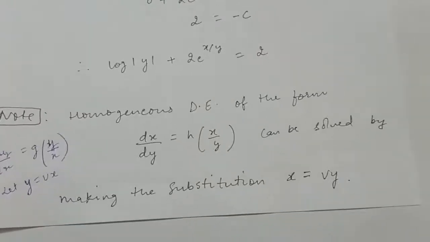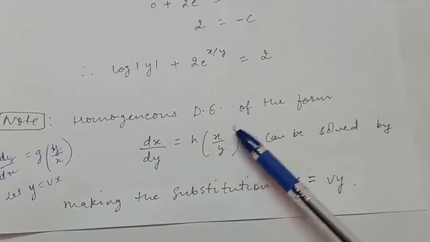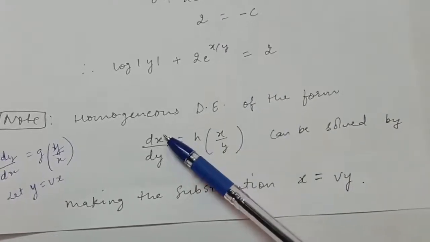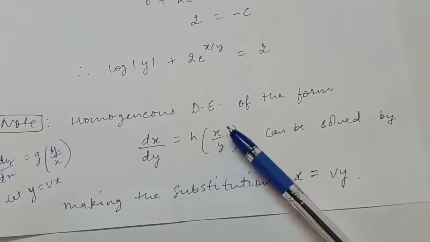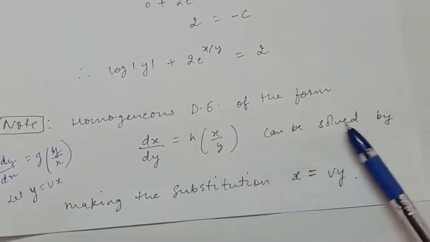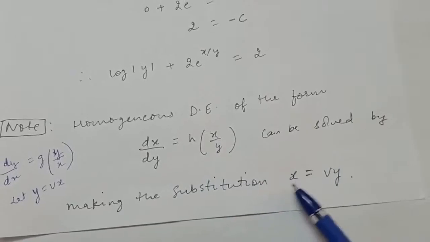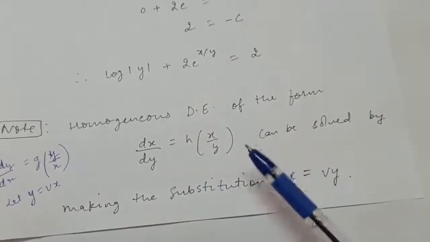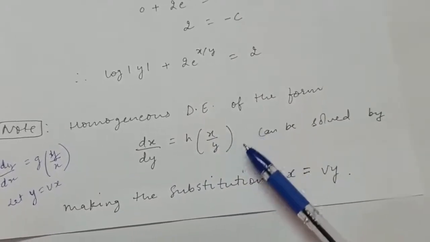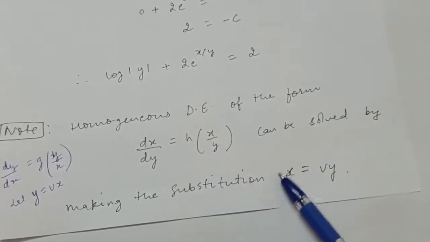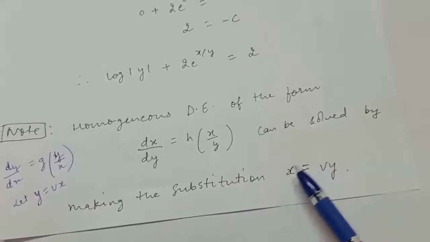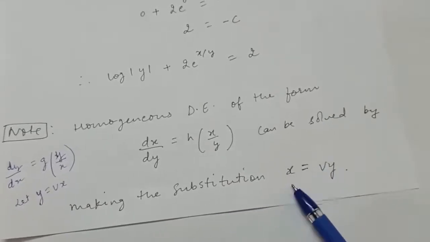Now there is one note which says a homogeneous differential equation of the form dx upon dy equal to some function of x upon y can be solved by making the substitution x equal to vy. See, if this type of differential equation is given and it is homogeneous, then you can solve it by taking x equal to vy and differentiating both the sides with respect to y.